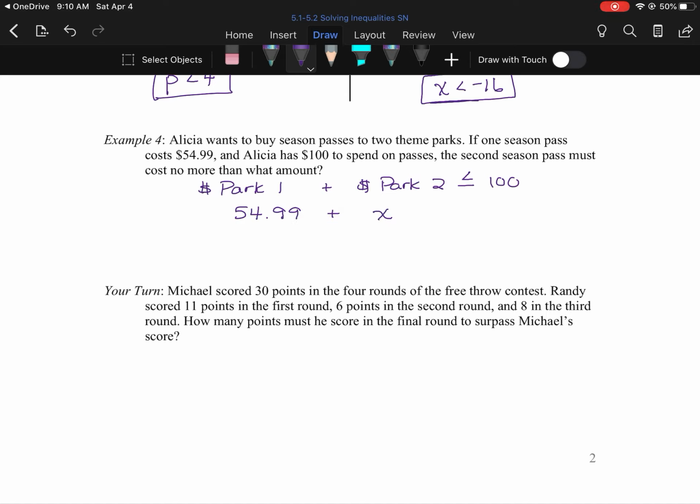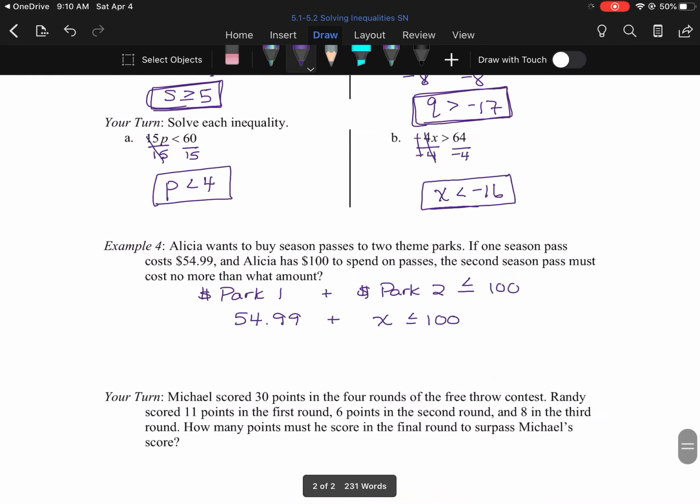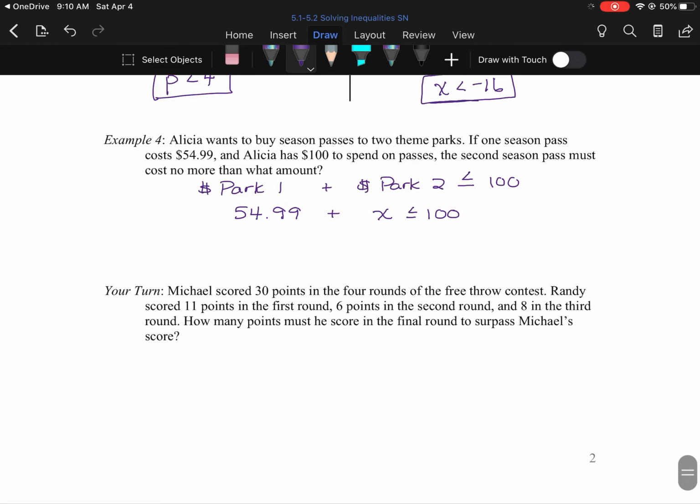So now we're going to say one season pass is $54.99. So I'm going to put $54.99 for park 1. Plus, we don't know how much park 2 is, less than or equal to $100. So if we subtract $54.99 from both sides, we are left with X must be less than or equal to $45.01.